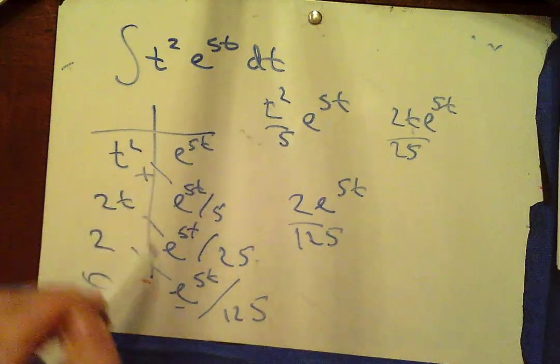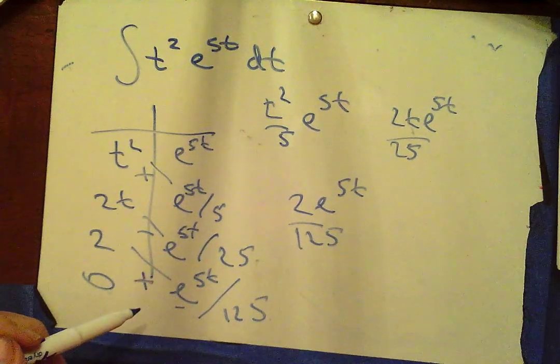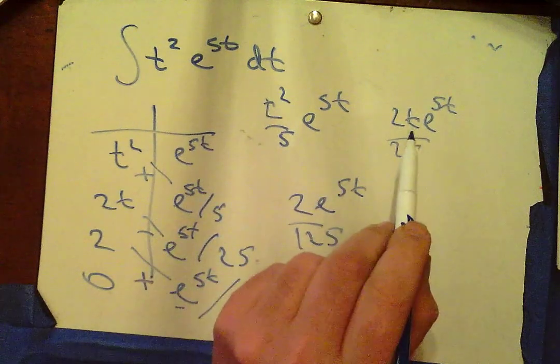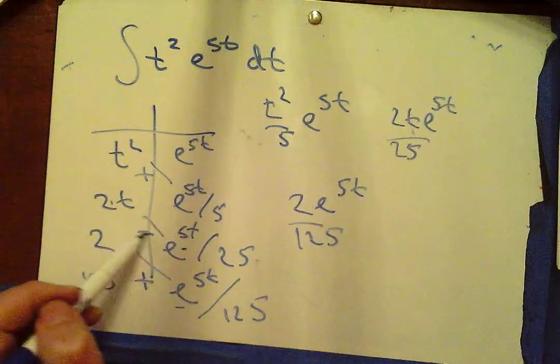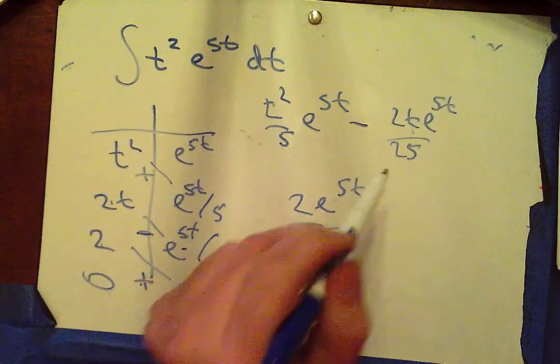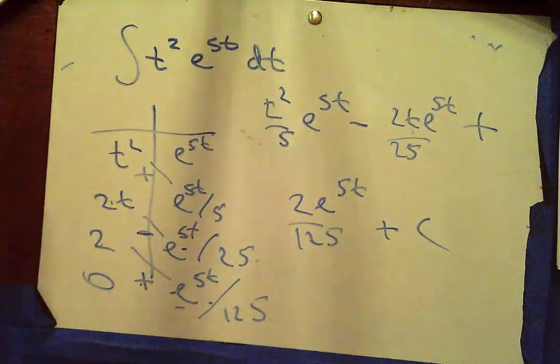Don't forget to multiply this by plus, this by minus, this by plus. So if I multiply this by positive, it stays positive. If I multiply this times a negative, I get a minus there. This times a positive is a positive with that, and don't forget the plus c.